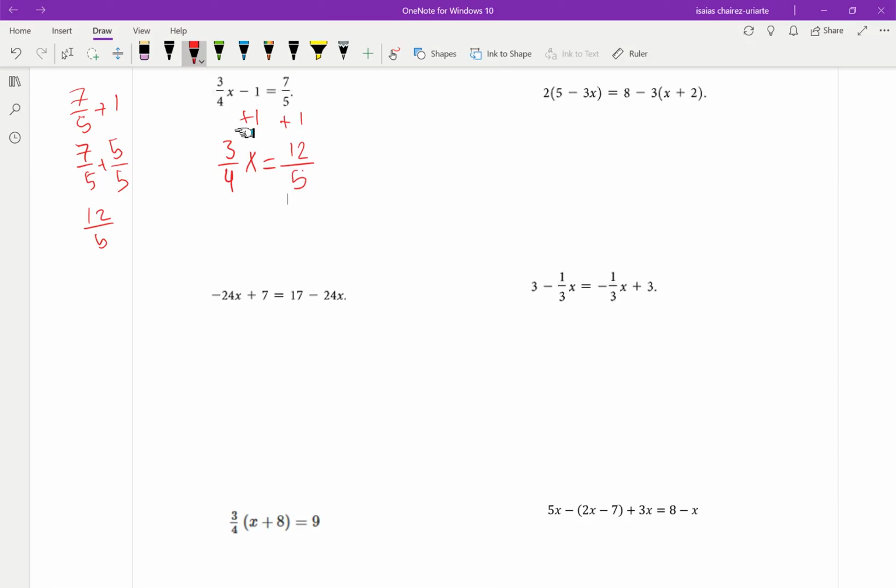Dividing by 2 is the same thing as multiplying by the reciprocal of 2. So to divide by 2 is the same thing as multiplying by 1/2. So I am going to multiply both sides of this equation by the reciprocal of 3/4. So I'm going to do this.